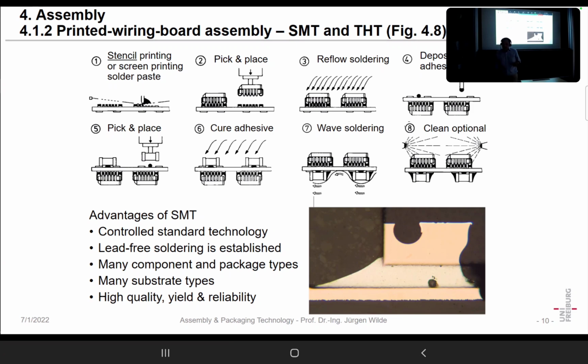The equipment we still need is, of course, machinery for that, but also we have something that is specific, which is a printing stencil or a printing screen. And with that stencil or screen, some solder paste is printed on the locations to be soldered.